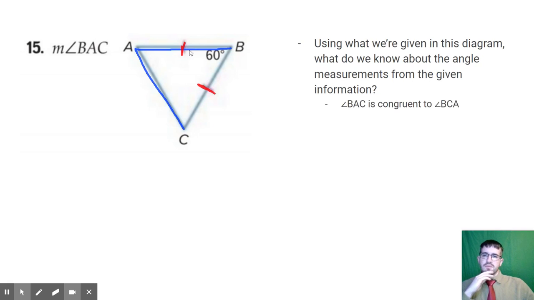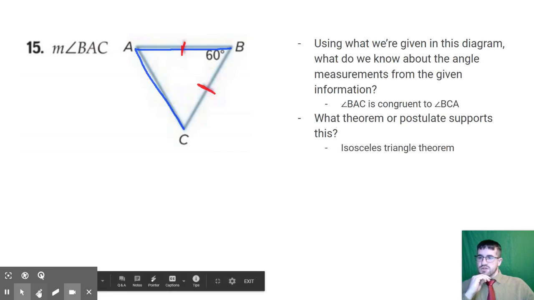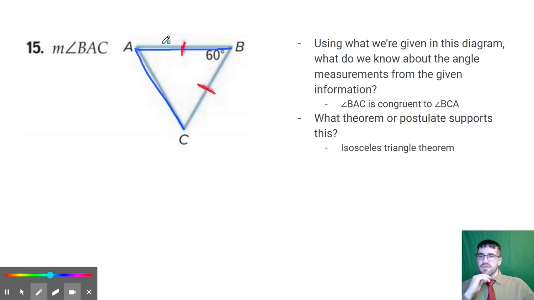Well, we know that angle BAC is congruent to angle BCA. And how do we know that? We know that by the isosceles triangle theorem. So if we can figure out the measure of either one of these, we can figure out the measure of the other, but we also have the measure of angle B right here.